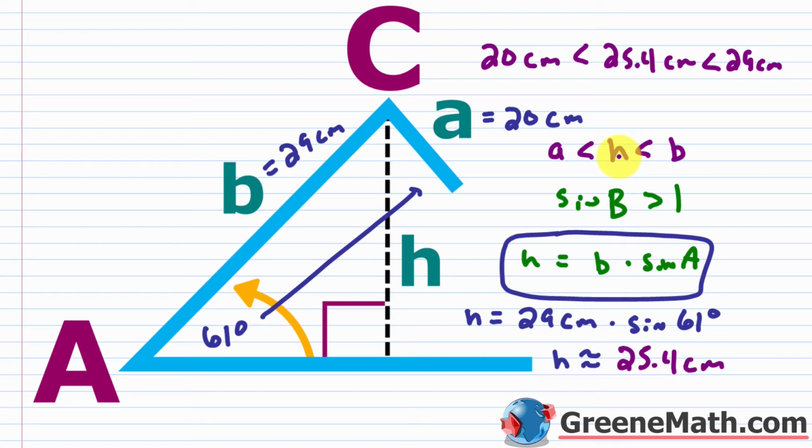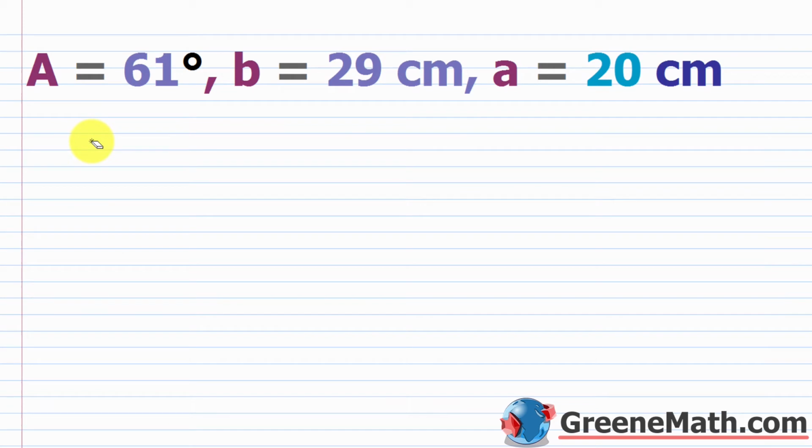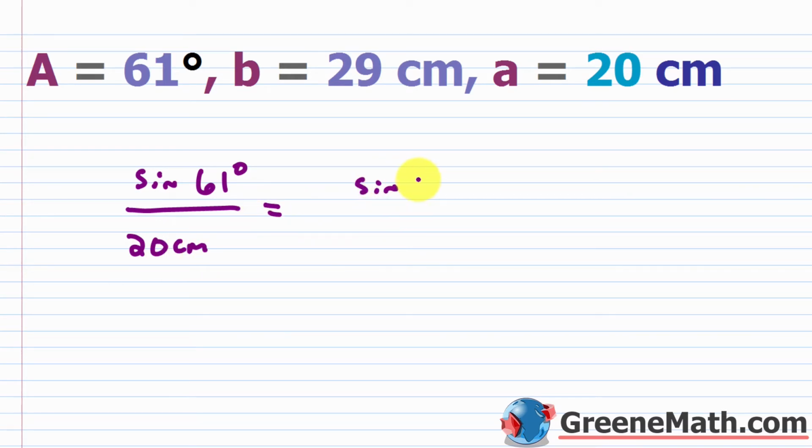It's not possible. The other thing you can do, and let me just erase this, if you wanted to do it this way, you could say basically that the sine of this angle here, 61 degrees, so the sine of A over a itself, in this case 20 centimeters, is equal to the sine of this angle B over this b measure here, which is going to be 29 centimeters.